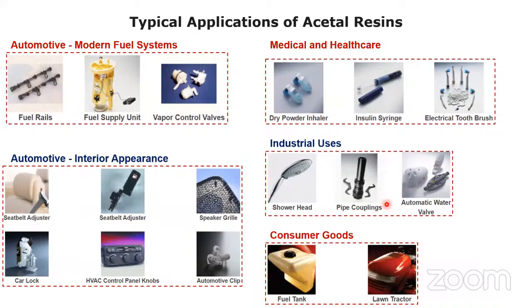Then the fuel supply unit, then vapor control valves. Other automotive applications are the seat belt adjuster, seat belt parts, speaker grills, automotive clips, and car locks. So many parts generally used in automotive applications are made up of polyoxymethylene, correct?